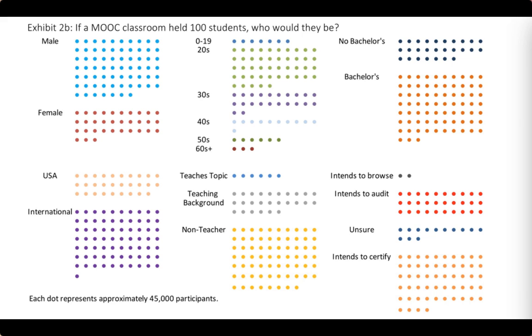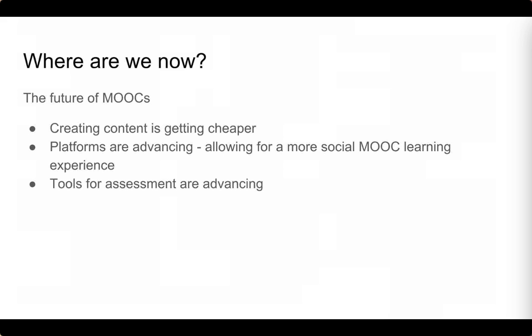Also, most of them are from outside the United States, which I thought was interesting. So one of the things that I also thought was surprising was that the way MOOCs are now, being free and widely available, only about 4% of people actually complete an entire course.